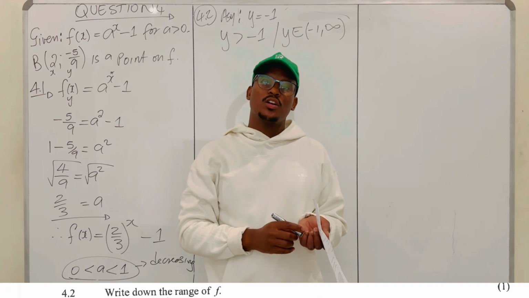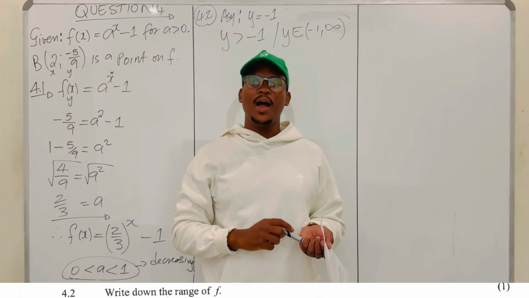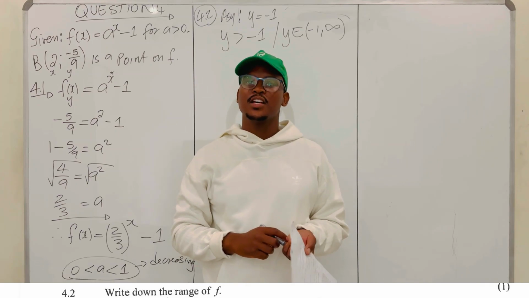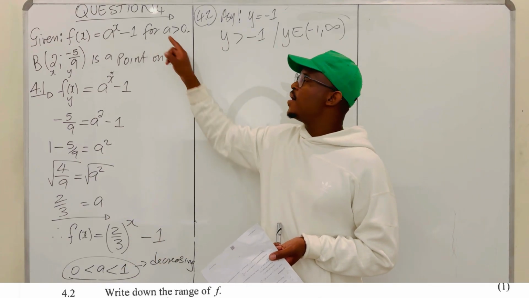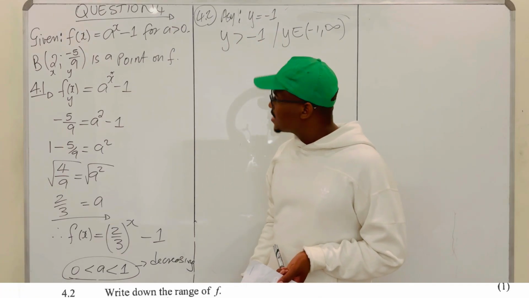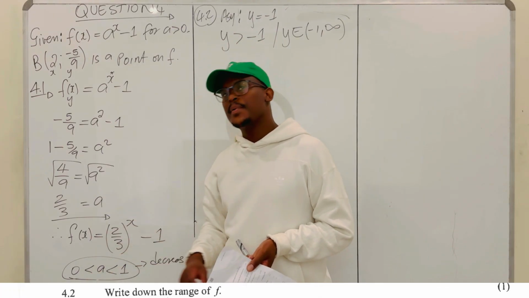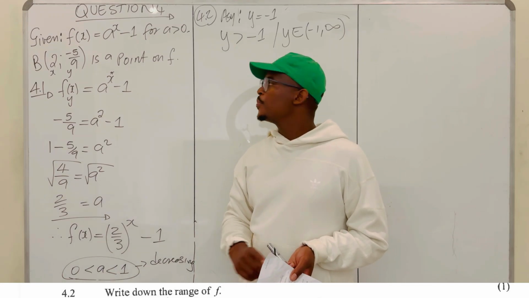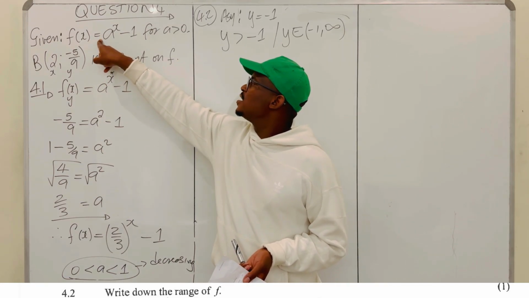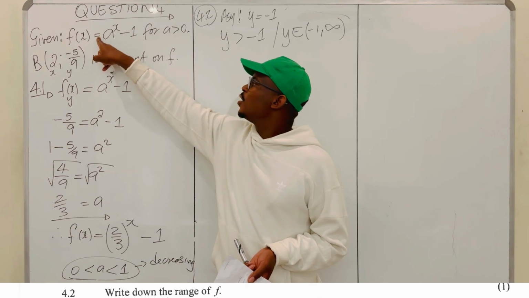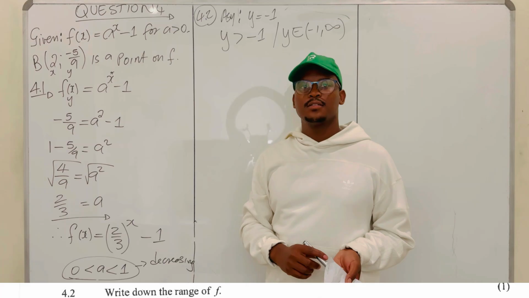A square bracket would imply that minus 1 is included, but we're not including minus 1, because that's where the asymptote is. So this function is defined above the horizontal asymptote, because our a is positive. And it's decreasing because there's a positive number in front of a, and a positive 1 in front of a, so we know that this function is decreasing. No problem.